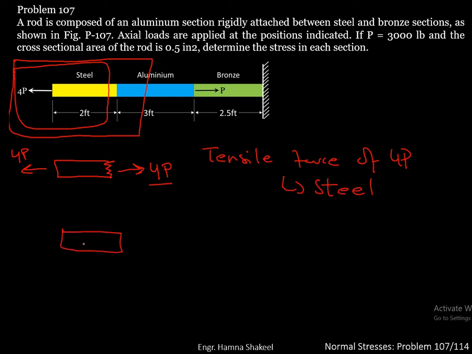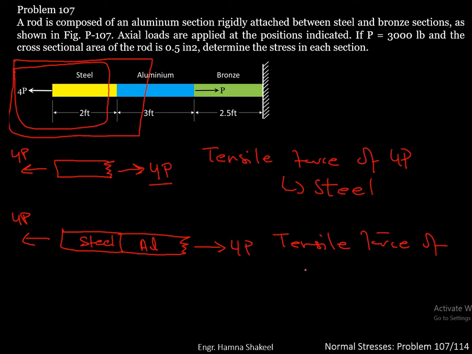So you have steel section here, then you have got aluminium. A force of 4P is acting on the left side, and you will have a reaction of 4P on the other side. So you can again say that a tensile force of 4P is acting on aluminium.